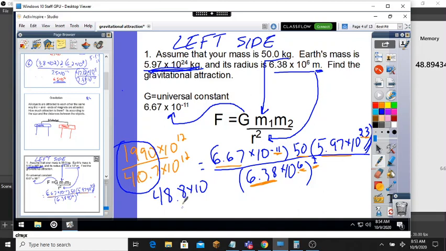Now I want you to notice this number. Here we have a 12, and here we have a 12. A 12 and a 12, it's actually 0. So we're actually not going to put an exponent here. Okay.